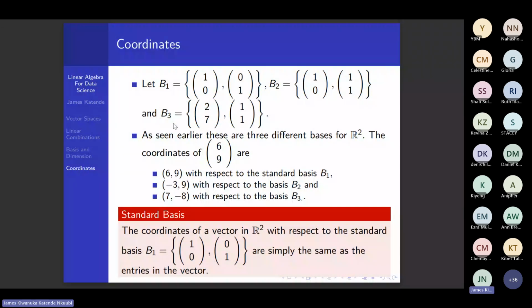So here, I think this is just repeating what we have done. Now we label these bases B1, B2, and B3, and then we pick the coordinates of 6, 9 with respect to these different bases. We already worked out these coordinates in the previous slide.